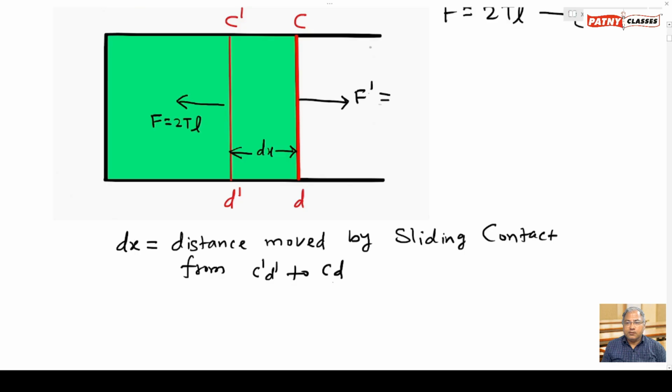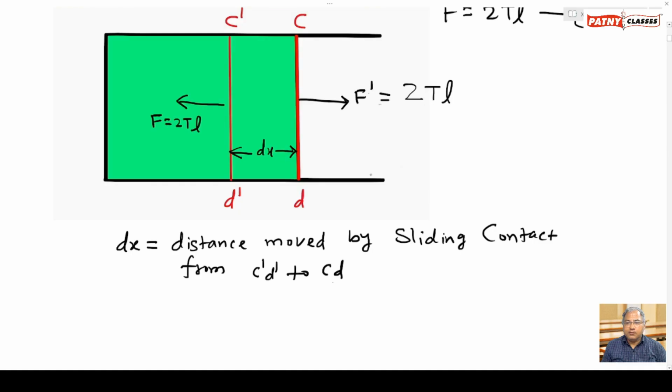One more important piece of information: we are pulling the film outward through a distance dx. So how much force do we need to apply? An equal and opposite force, that is twice TL. So F dash equals twice TL.